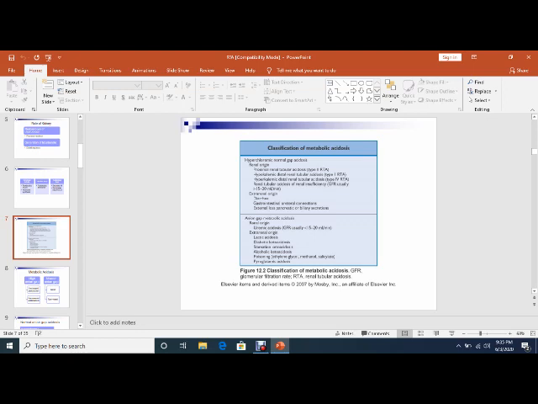Hyperkalemic distal RTA is type 4, also called hyporeninemic hypoaldosteronism. Renal tubular acidosis of renal insufficiency occurs when GFR is usually more than 15 to 20 ml per minute. So these are the causes of renal origin.